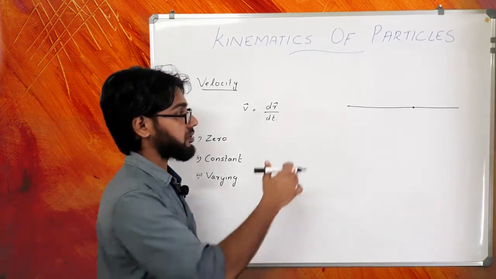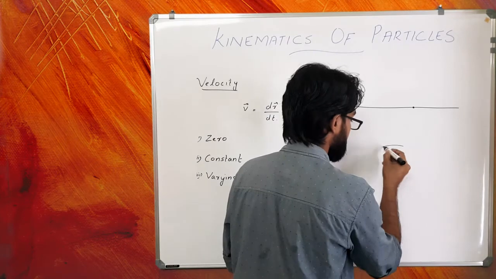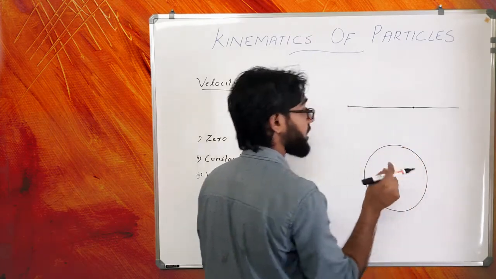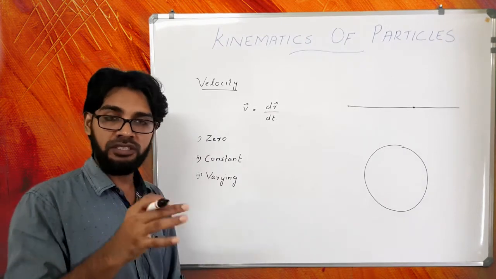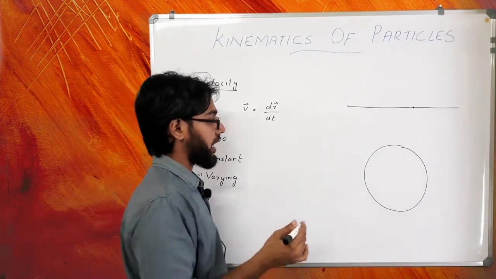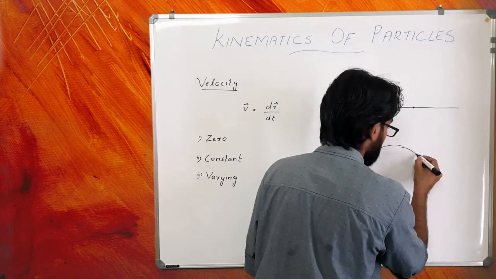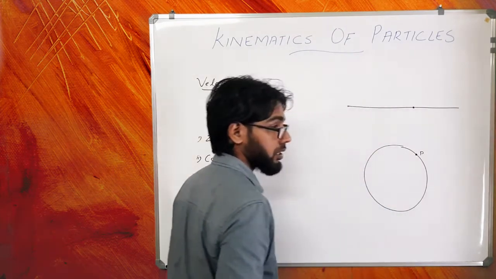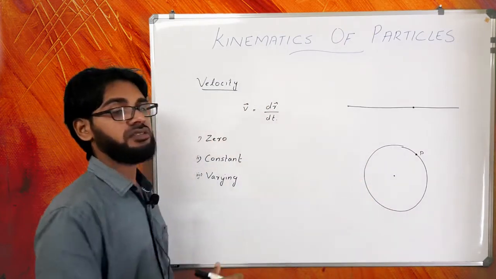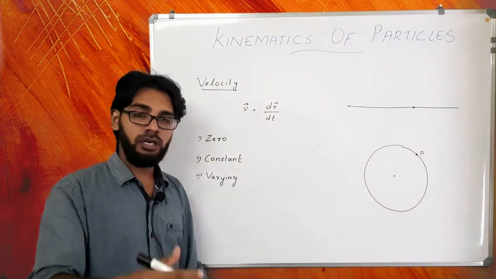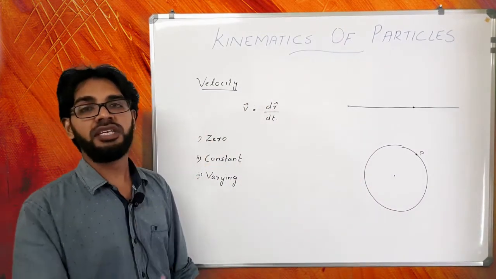Sometimes what happens is that only the direction changes, the magnitude remains constant. Like for example, I have a particle or I have a point P at the rim of say a machine that keeps on rotating at a constant RPM.